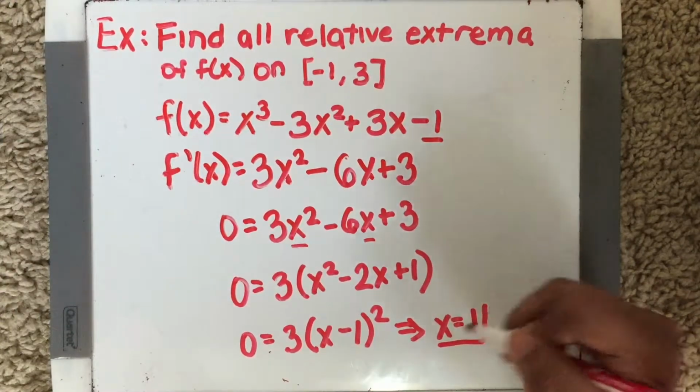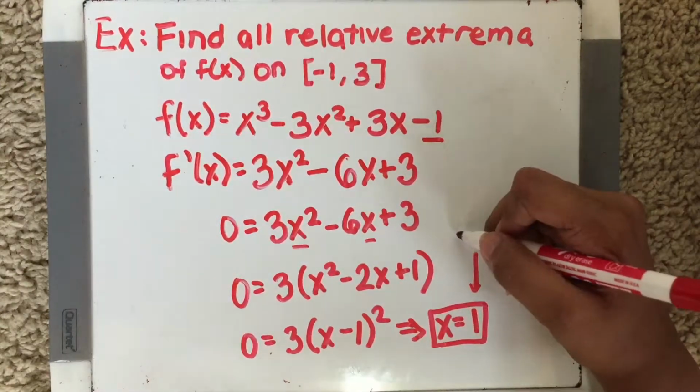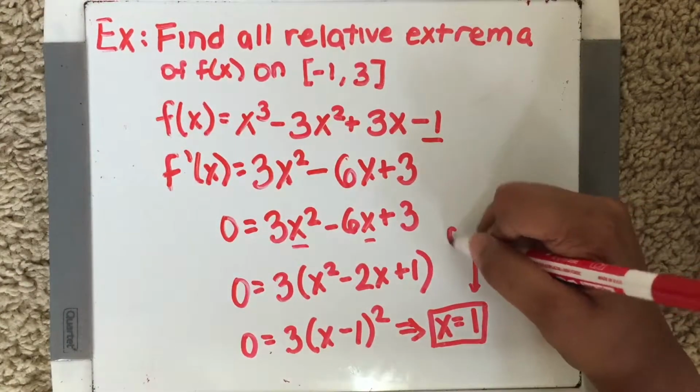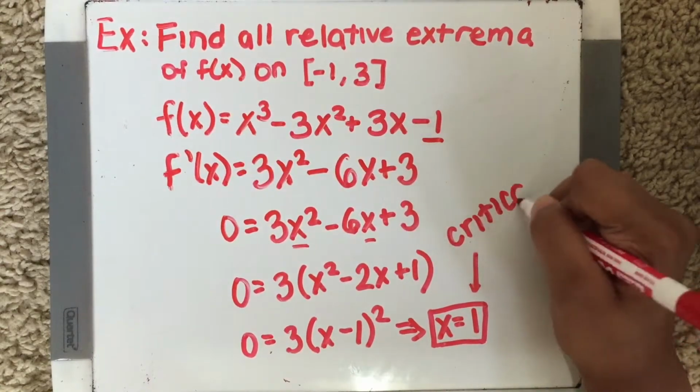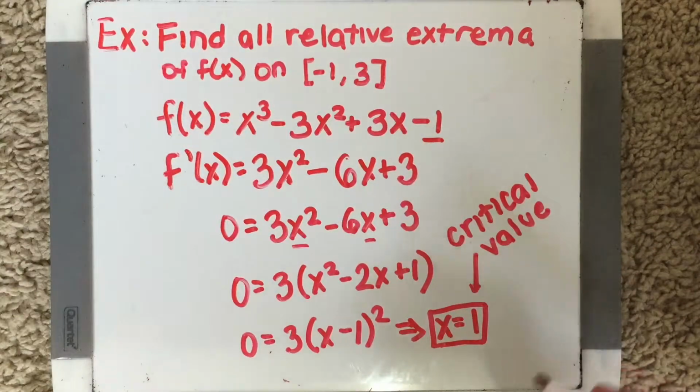The value that you get from setting the derivative equal to 0 is called a critical value, and that's what x equals 1 is. Always make sure to check if this is actually an extrema with a graph. Sometimes there can be a false alarm.